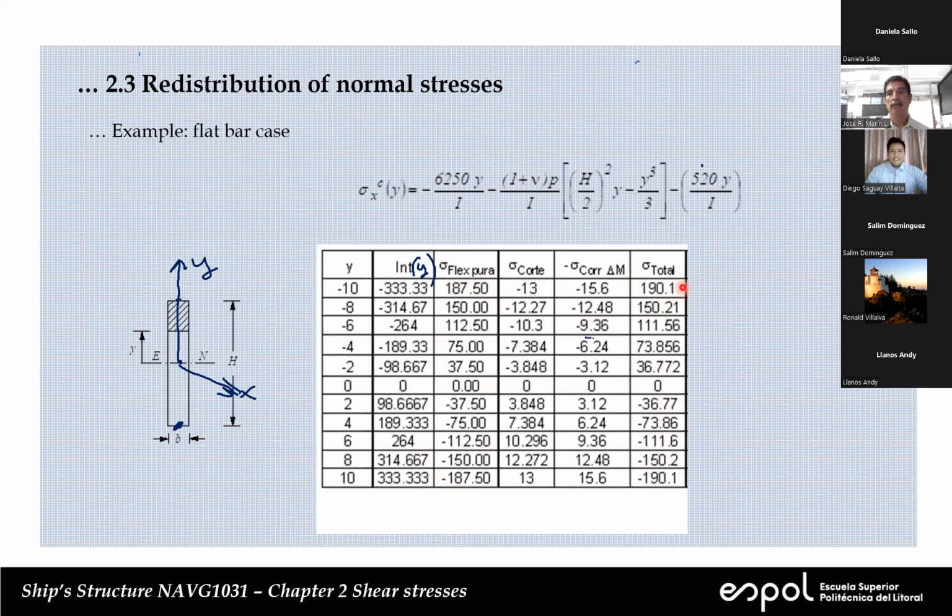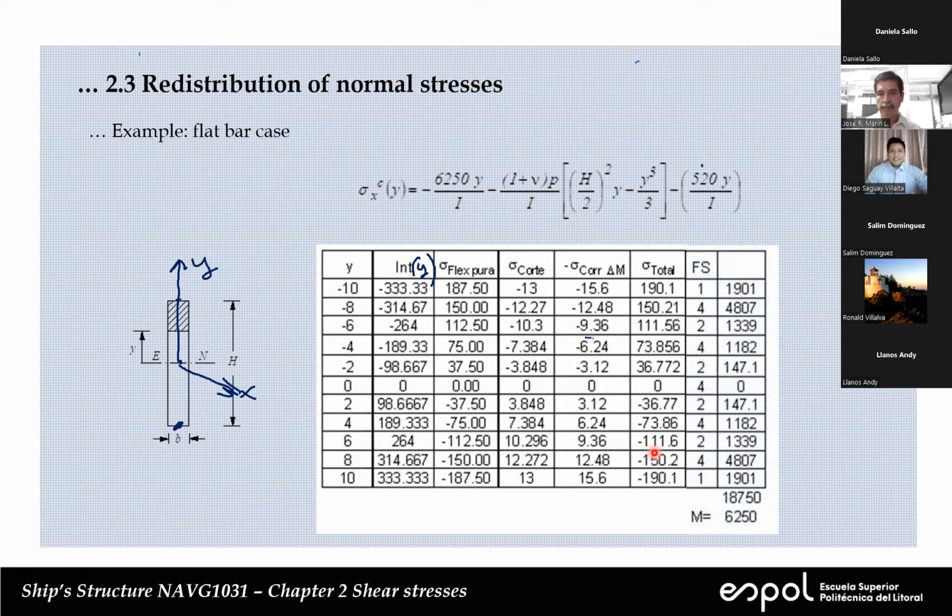And finally, as we said before, we have to recuperate on this cut, on this section, the original bending moment, right? So the integration, and what we do here is we integrate using Simpson rule, and this thing here is the product.